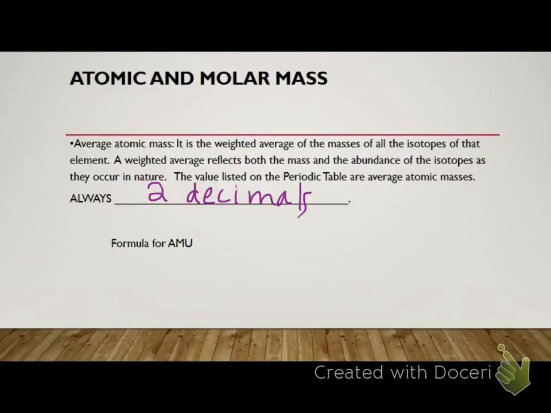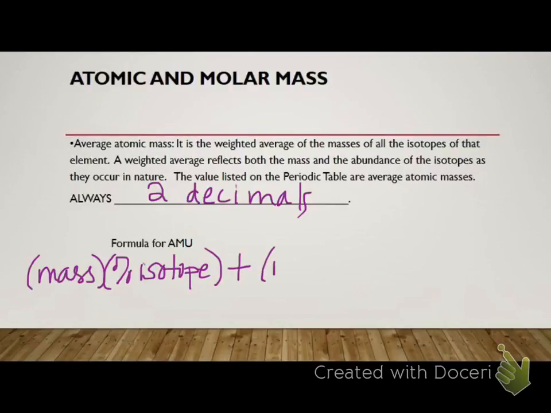So here is the formula for finding atomic mass, and it goes like this. You take the mass of the isotope and multiply that by the percentage of that isotope, plus the mass of your other isotope times its percentage.